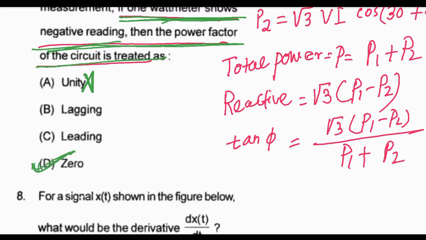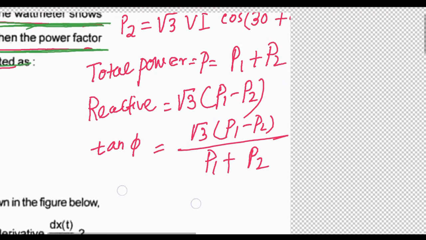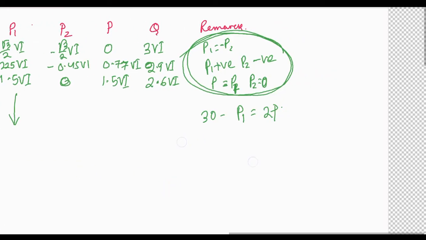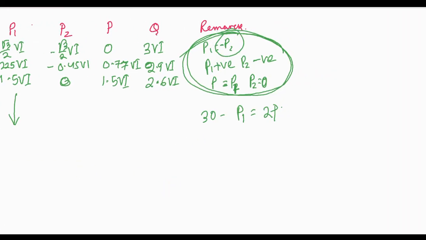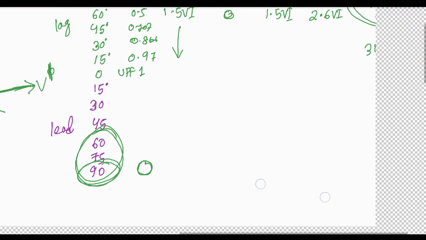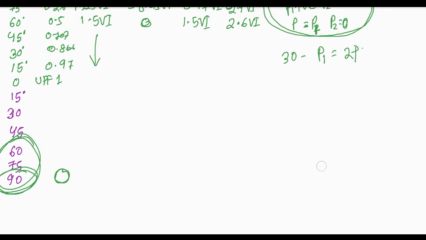For zero power factor always we are seeing that 1 wattmeter is showing negative reading, and similar will happen for this 90 degree, and here power factor will be also 0, and here 1 wattmeter will show negative reading.